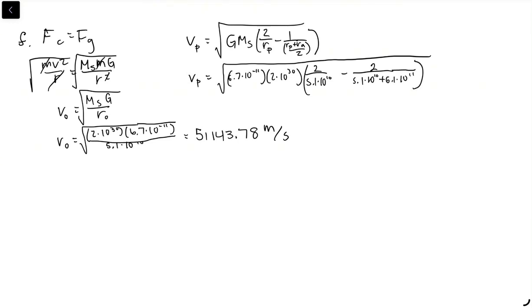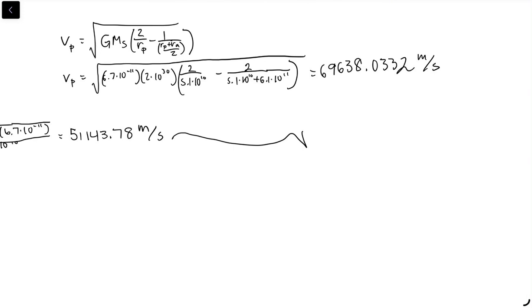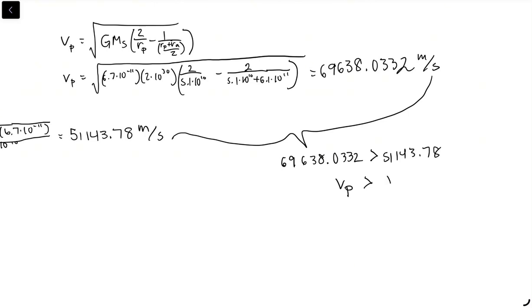And then we're given this value. And then if we compare these two, we end up with VP in the elliptical orbit is greater than the orbital speed of the circular orbit. Or this new V naught is less than the original VP of the elliptical orbit.